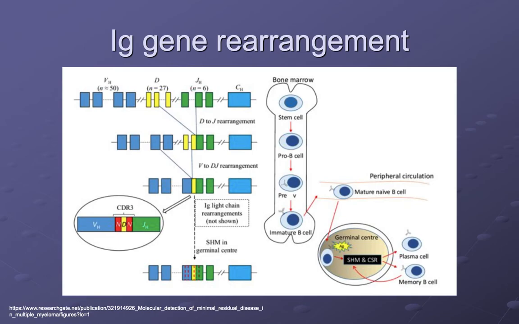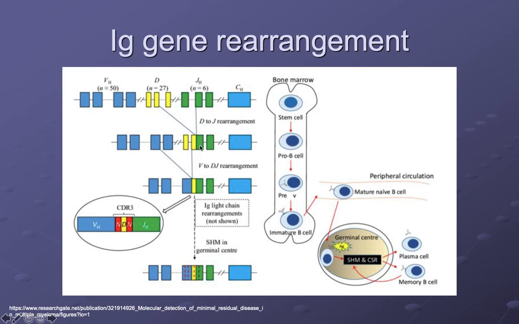In pro B cells, the Ig gene rearrangements are initiated by a juxtapositioning of the J segment in the heavy chain to a D segment. So they come together, a combination of a J segment and a D segment in pro B cells.